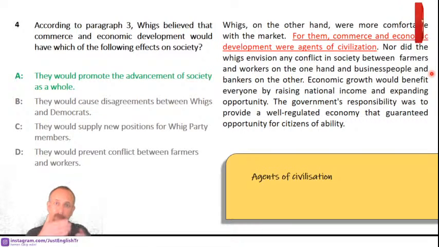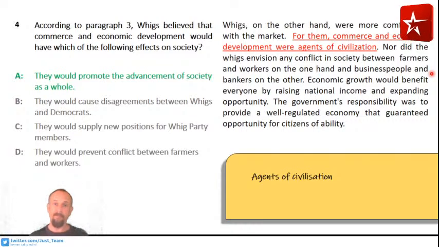Pro meaning to move forward, and mote meaning motion, meaning to move. So promotion means to move forward, to become more advanced. So, the advancement of society here, although civilization and society aren't exact synonyms of each other, I think we could argue that this is. We're going to put a question mark.